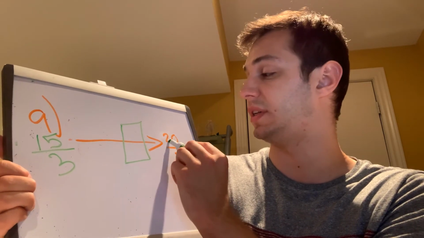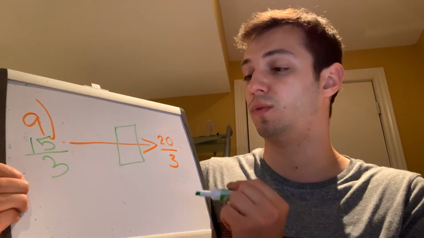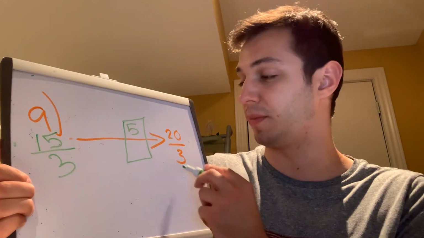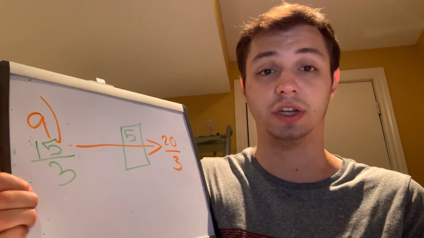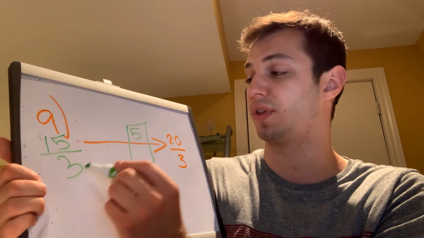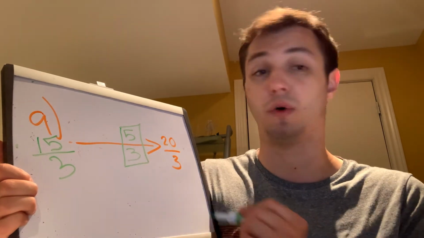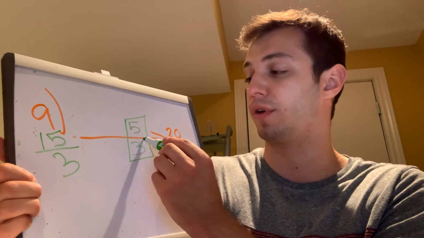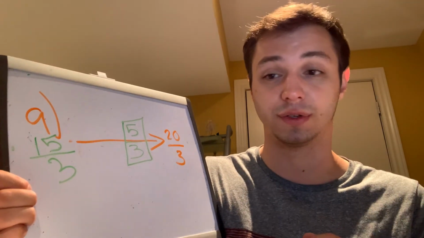So 20 minus 15 will give me 5. And then my bottom number and my fractions will not change, so they will be the same. So since this is over 3 and this is over 3, this will also be over 3. So my answer is 5 over 3, or 5/3.